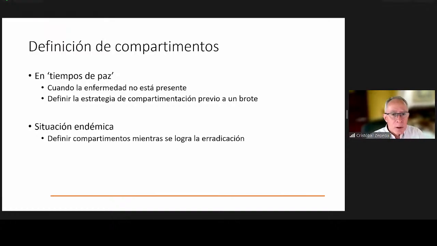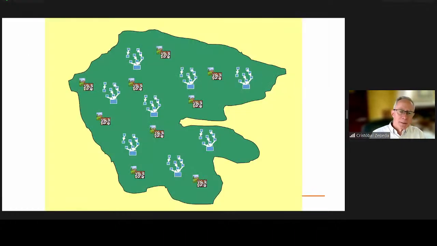And we can also define the compartment strategy before an outbreak. So if an outbreak occurs, these compartments that are already acknowledged can continue to trade and market their products. So the idea is that we need to establish disease-free compartments while trade takes place.